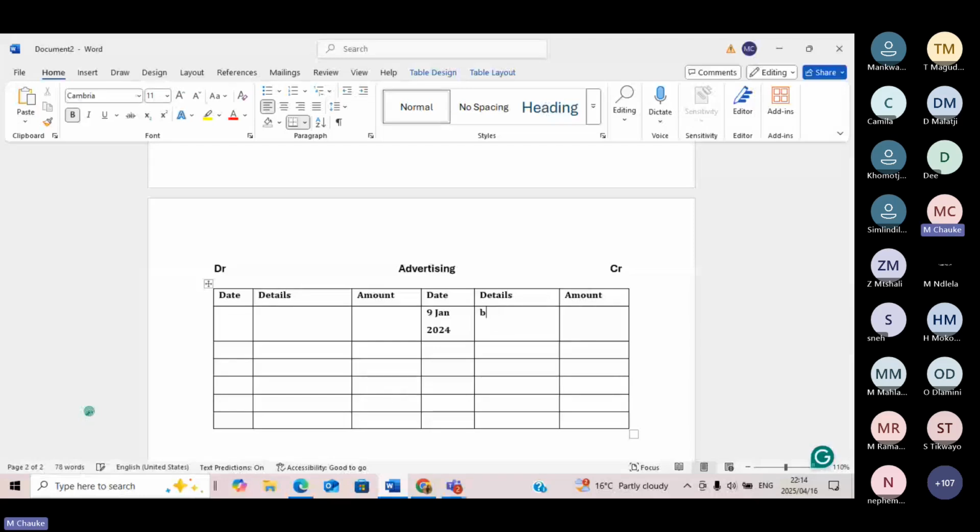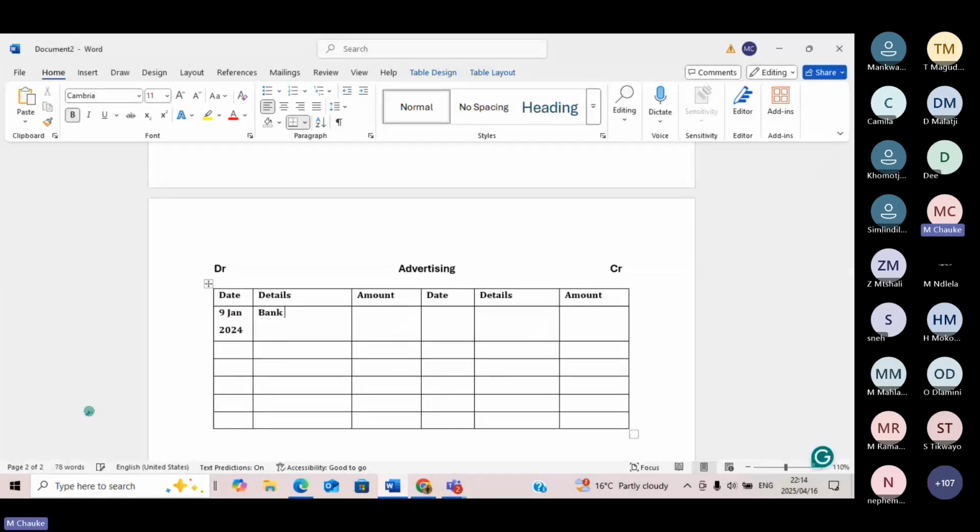You're not going to credit but debit, because advertising is an expense, remember. So expenses, when they are incurred, we debit. So we are going to debit this. We go to the debit side there and say 9 Jan 2024. And then details, bank.